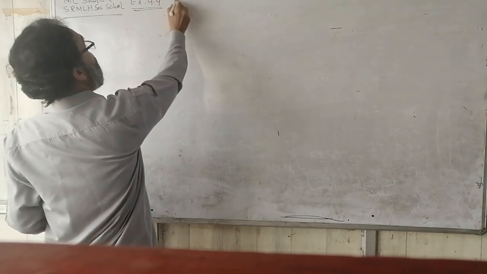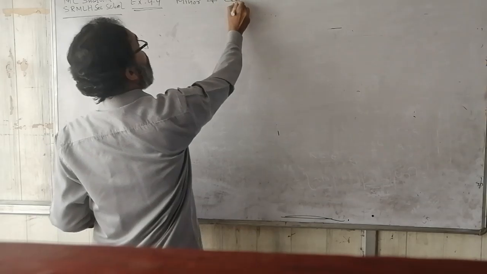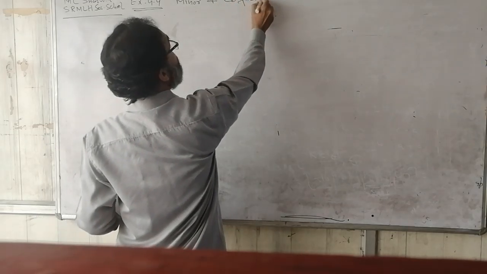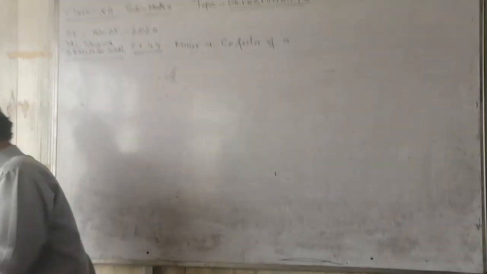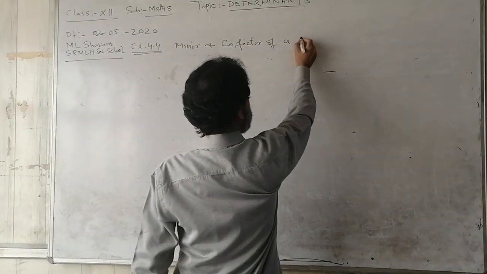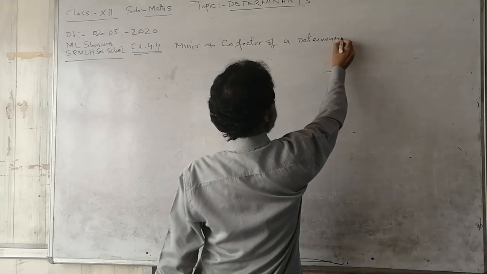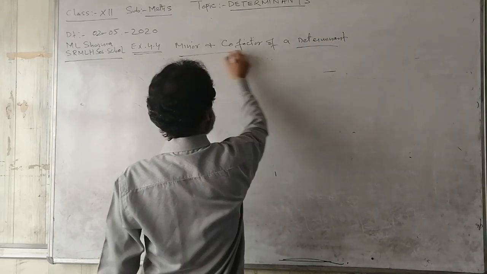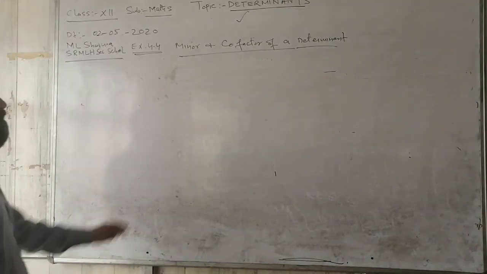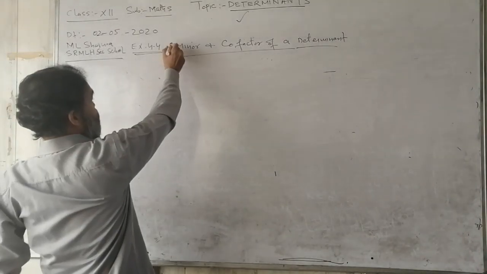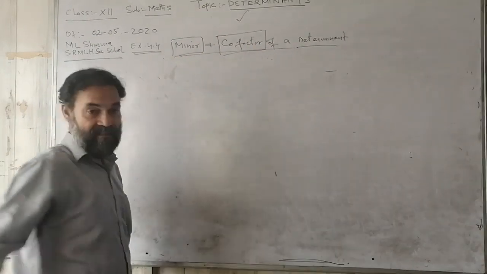This is minor and cofactor of a determinant. So chapter is determinant. So what is minor of a determinant and what is cofactor of a determinant?